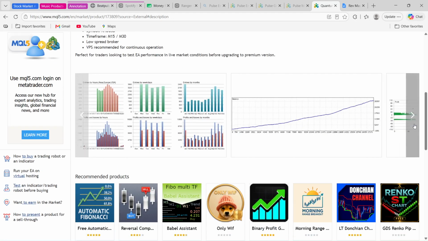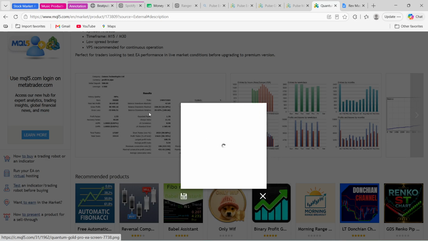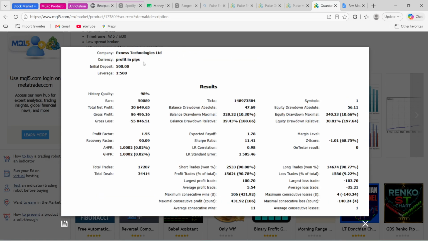Right. So taking a look at some of the developer's backtest reports. As you can see, for an initial deposit of $500, the total net profit over the period the developer carried out the test was $30,649. That's quite a number considering the initial deposit.